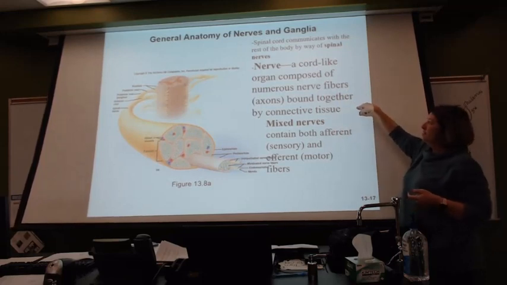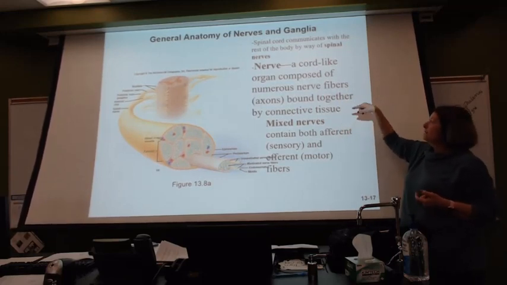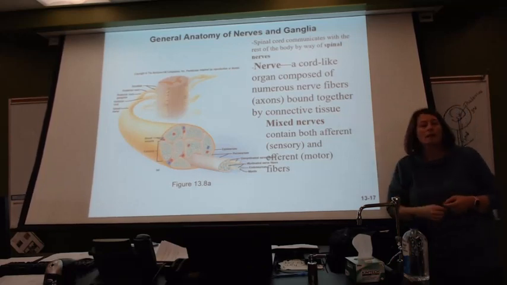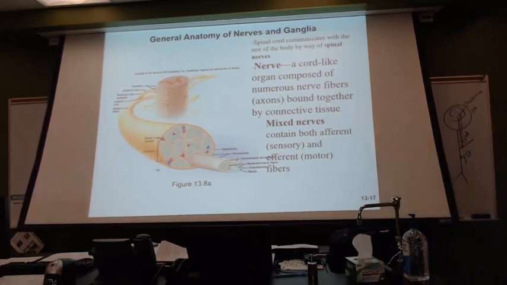They get bound together by those connective tissues. Spinal nerves are termed mixed, all right? Because we have information that moves in and information that moves out. Do you guys remember afferent, efferent?